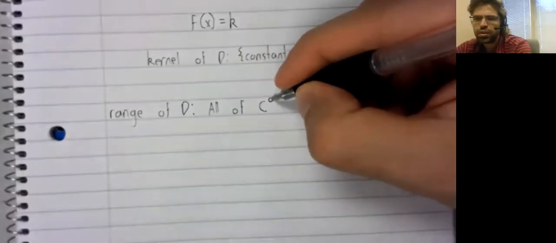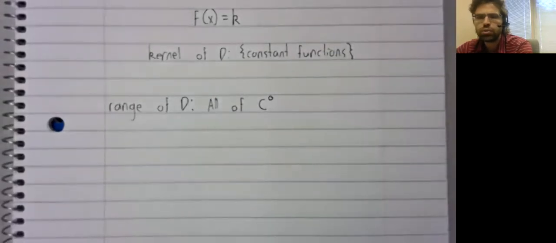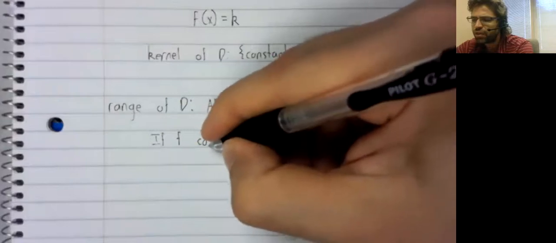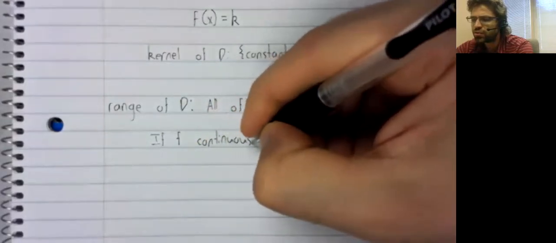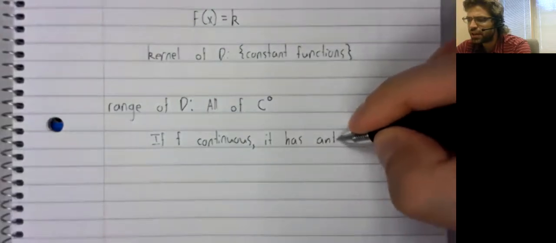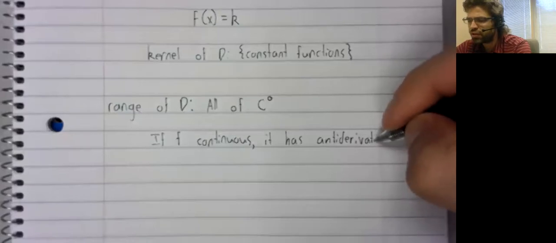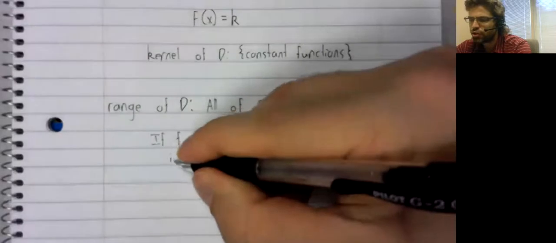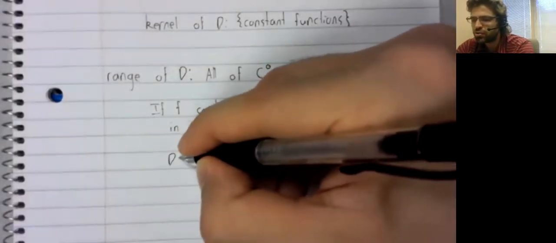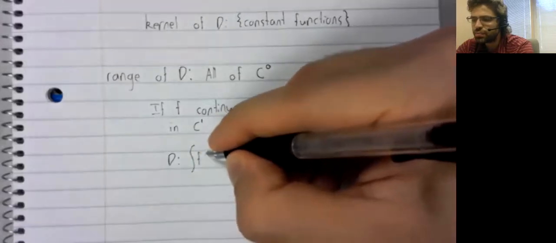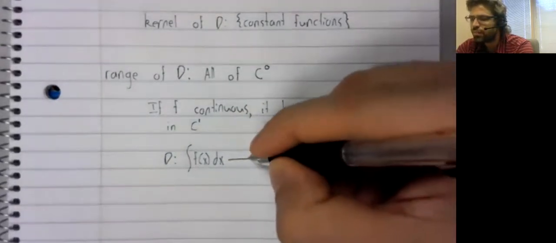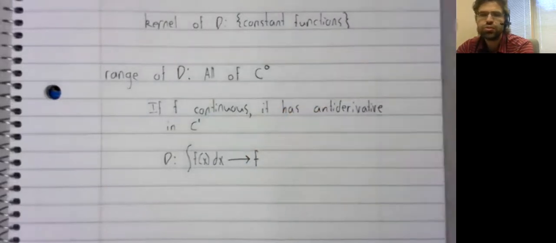And this comes from a theorem of calculus that if f is continuous, it has an antiderivative which lives in C1, and this transformation D takes any antiderivative of f and maps it to f.